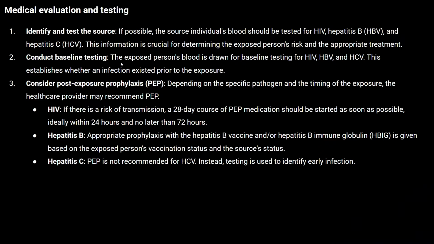You also need to get tested yourself, with a blood withdrawal test, to see whether you already have any medical problem, or whether you are already a carrier of any of these viruses. If you're not, you've got to get vaccinated against these.